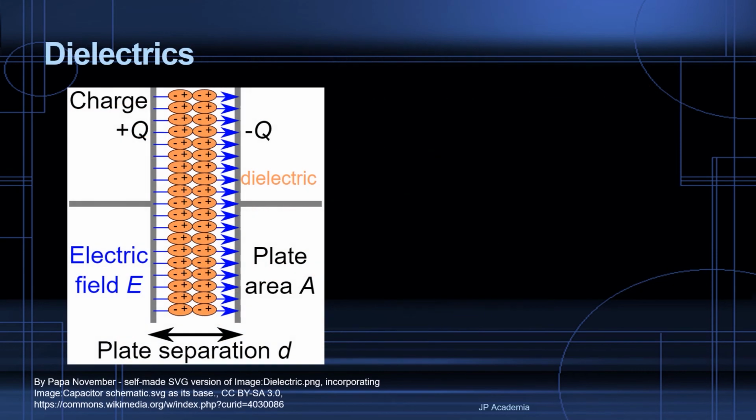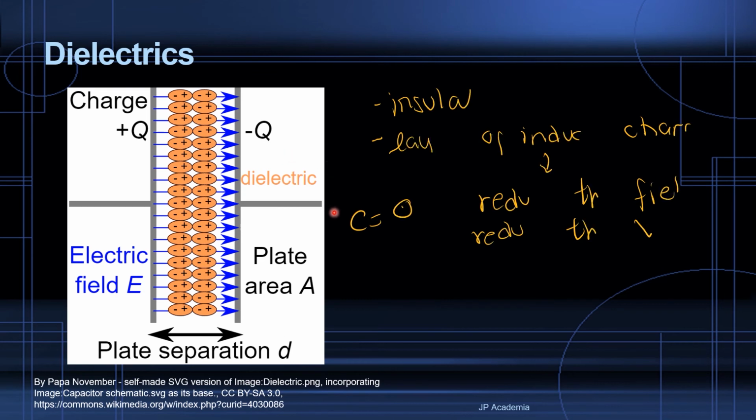Earlier, we defined these capacitors in vacuum, meaning we don't have any material between these two charged plates. In reality, we place an insulator between the space of the capacitor plates, which is called a dielectric. The electric field between the plates polarizes the dielectric, so this is our dielectric substance, and it induces a dipole moment.